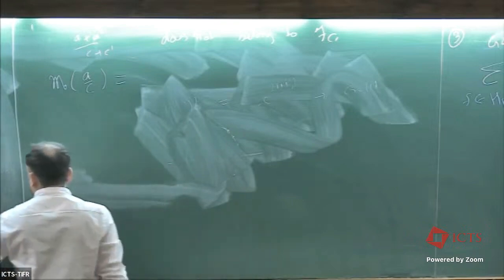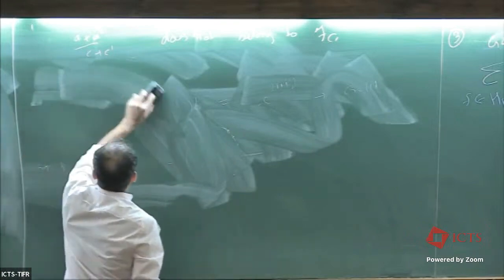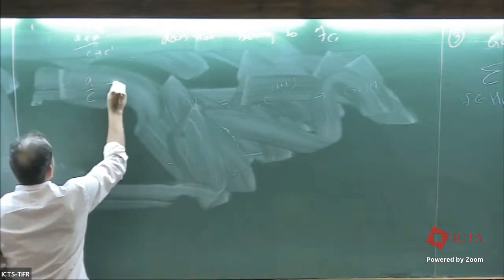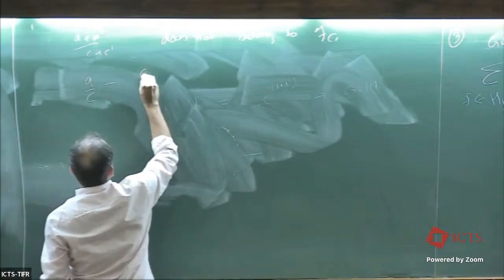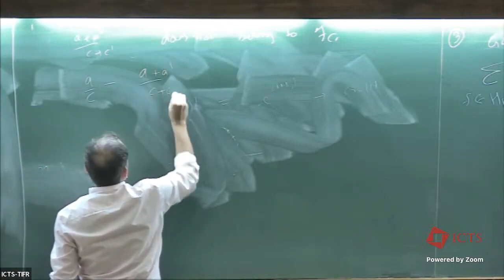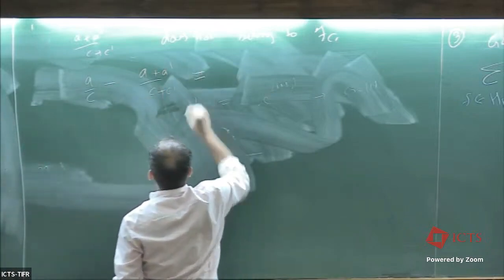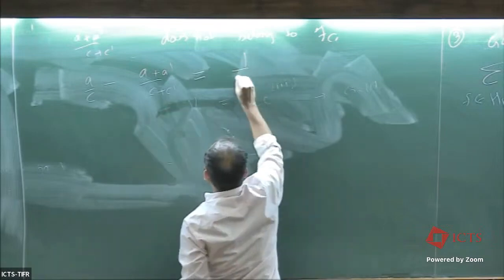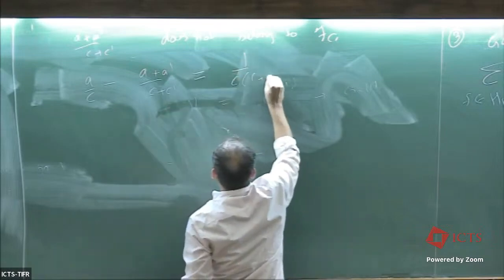One more property which we want: the distance of A by C with the left median A plus A prime divided by C plus C prime, if you compute, this one will be 1 by C times C plus C prime.